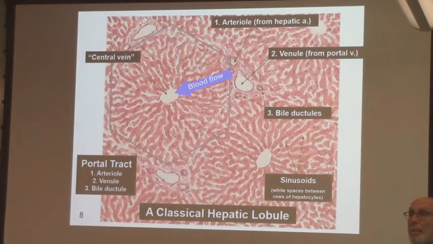So the central veins are branches of the hepatic veins? Yes, they are sort of precursors. So coming off of the hepatic vein are these many central veins. Each lobule has a central vein. Remember, this is microscopic.